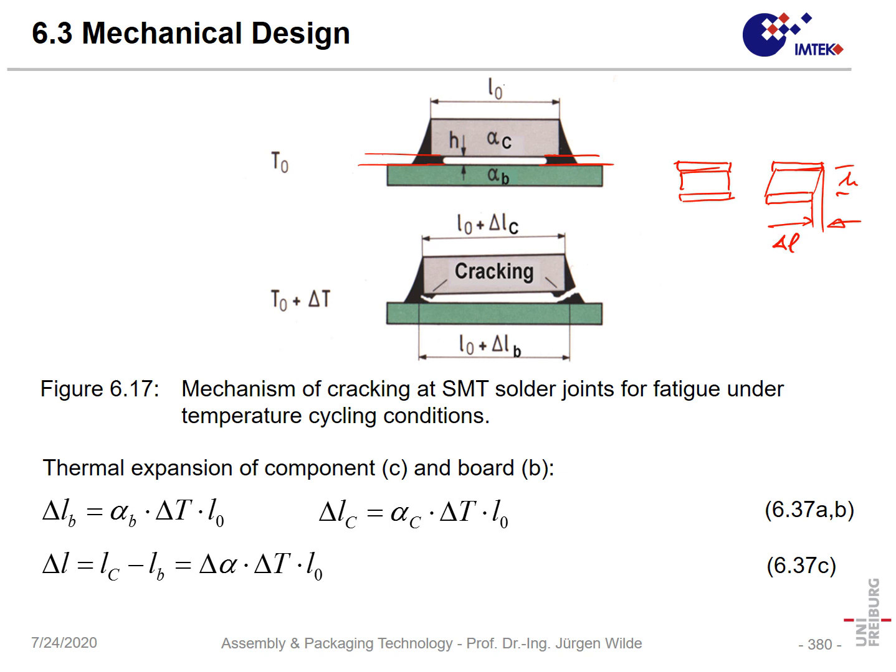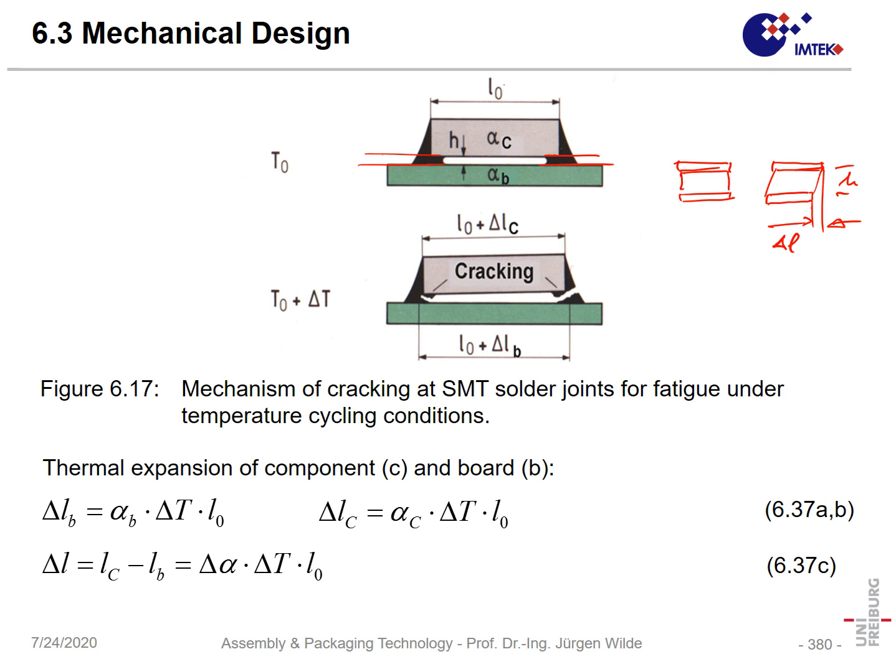And now let's analyze the problem. So the length change of the board after the temperature change will be alpha board times delta T times L0. So that's the length change. And the length change of the chip is alpha chip times delta T times L0.